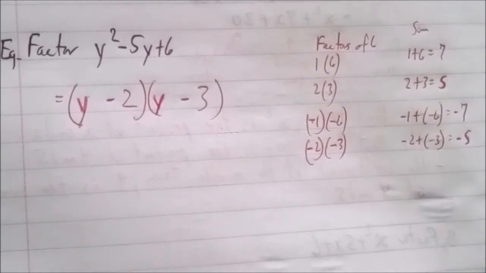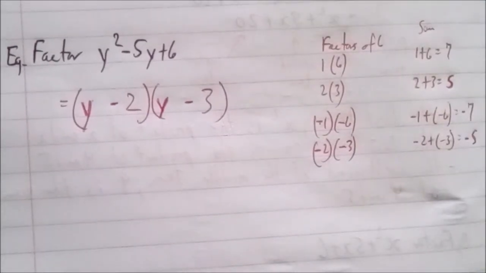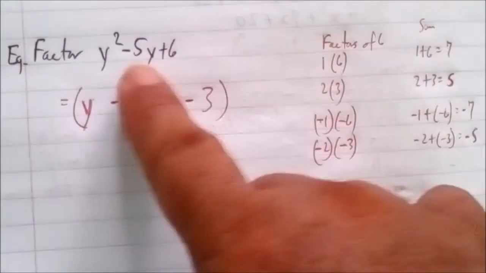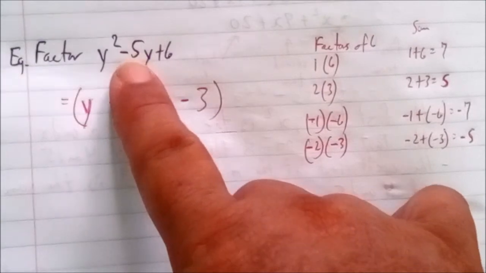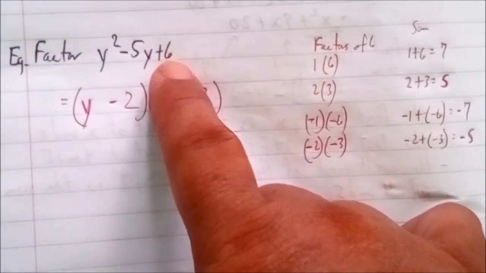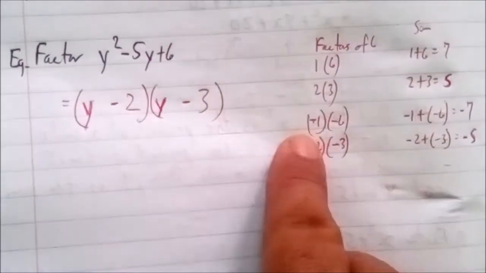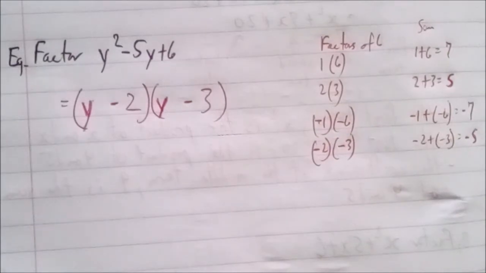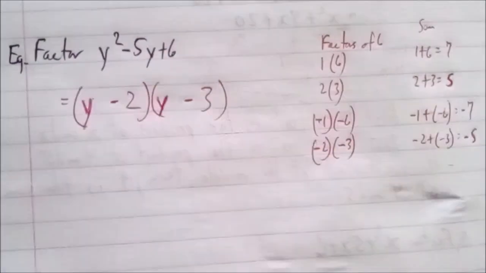Now remember, this is the trinomial x squared plus bx plus c, right? We're going to have other examples where the negative is no longer in the middle here, but we're going to move the negative to this last term, okay? The concept is the same thing, just a slightly different approach to solving it. So let's move on. Remember, where's the negative, all right?